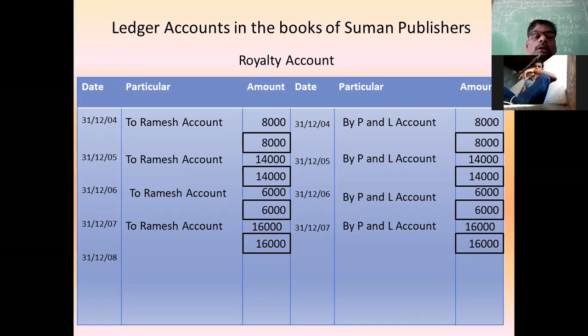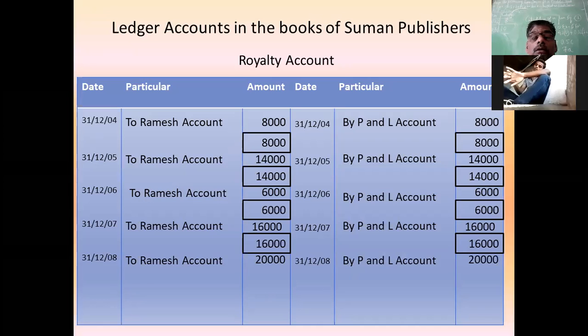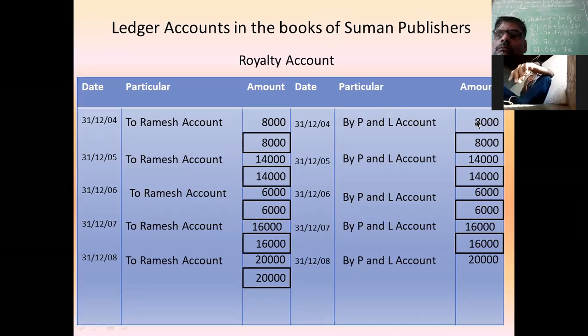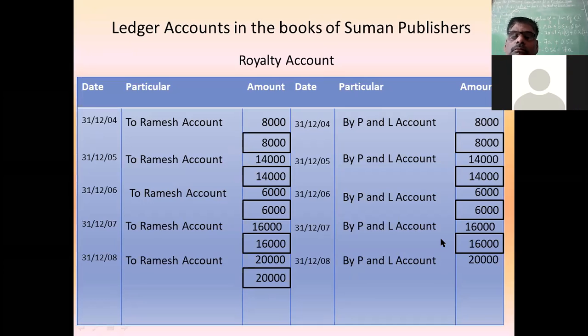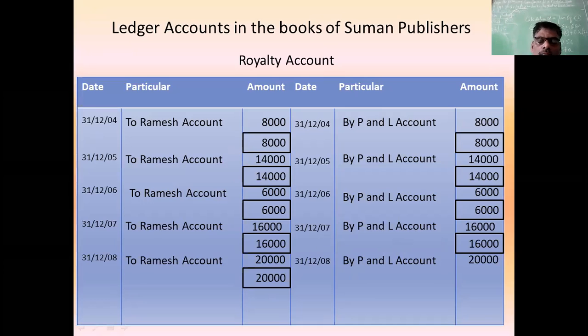Next year, Ramesh account 20,000 by P&L account 20,000, total 20,000. Okay, 5 years completed. Next is the lessor account. Lessor is Ramesh.